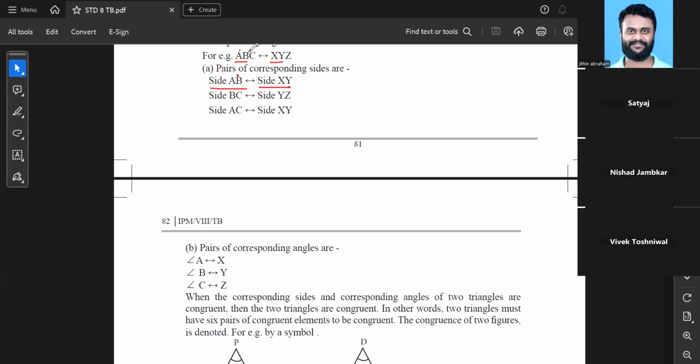If you are speaking about BC, meaning the last two vertices, over here also you will speak about the last two vertices, which means BC will correspond to YZ only. Similarly, if we are speaking about A and C, the corner letters, then AC will correspond to XZ only. Sorry, not Y, it is Z. It's a printing mistake. Here this should be Z.